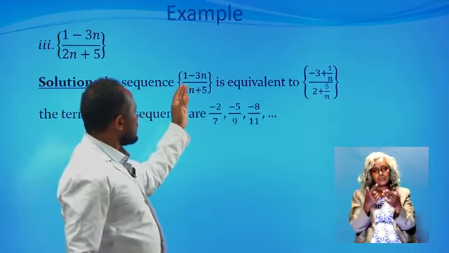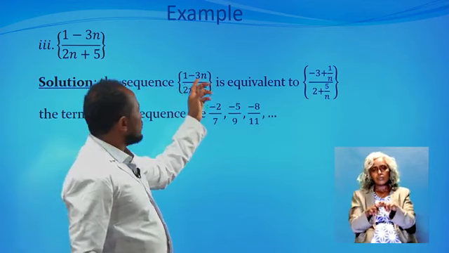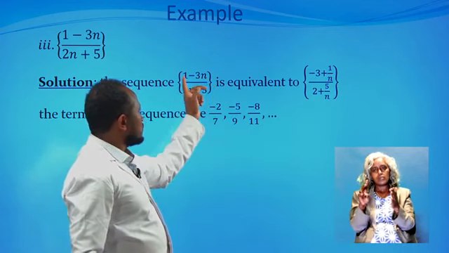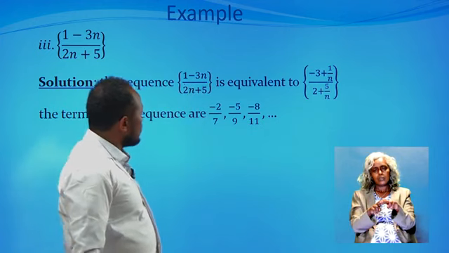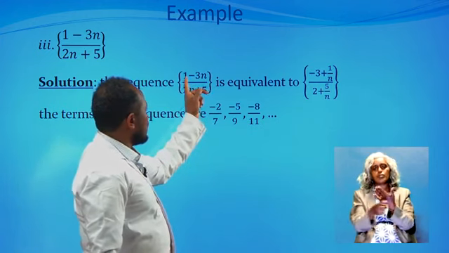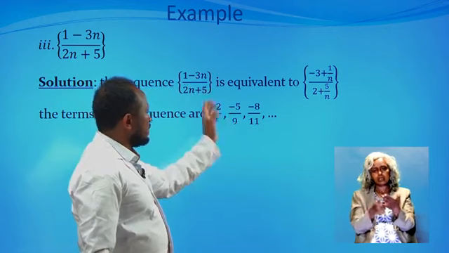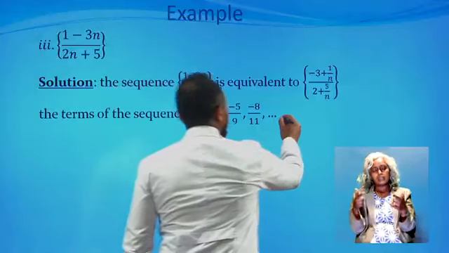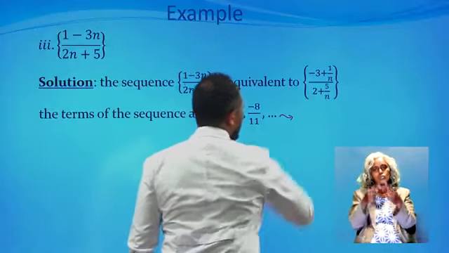So the first term we can put here. When you put 1 here, this becomes negative 2 over 7. When you put 2, this becomes 1 minus 6, which is negative 5 over 9. It goes on like this. When n gets bigger and bigger, where does it go?